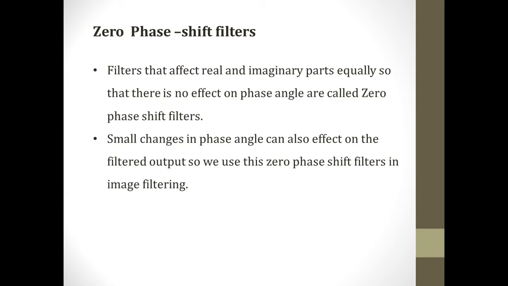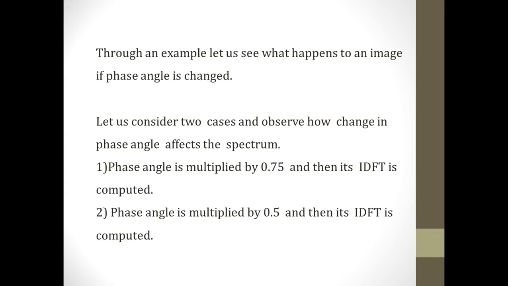So, zero phase shift filters are mainly used in image filtering. Now let us see what happens if the phase angle is changed. We consider two cases. In the first case, the phase angle is multiplied by 0.75 and then IDFT is computed. In the second case, the phase angle is multiplied by 0.5 and then IDFT is computed.